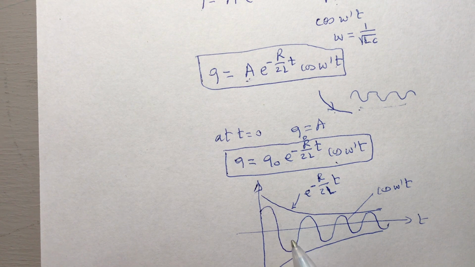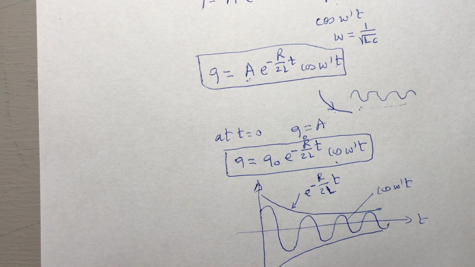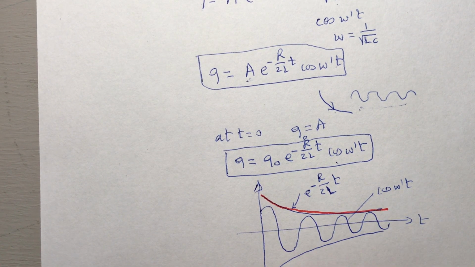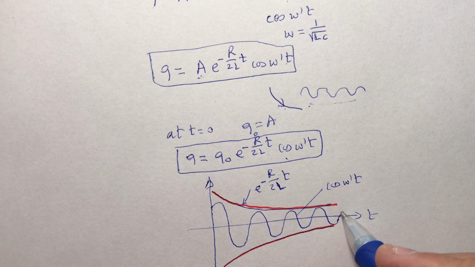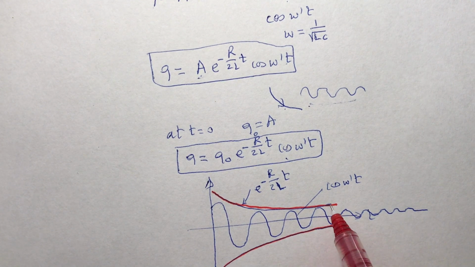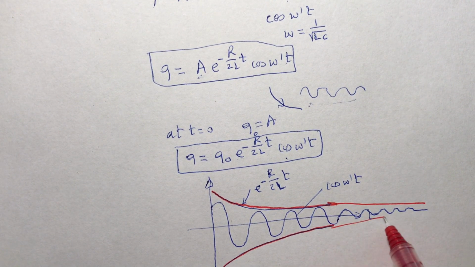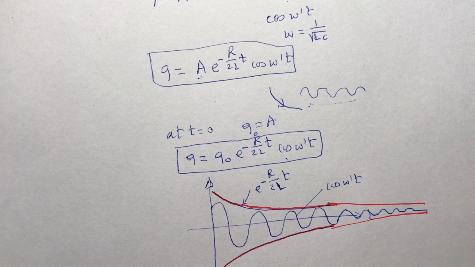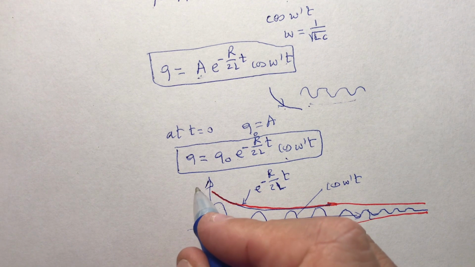So this one is trying to oscillate, but this exponential decay tries to suppress it. So the thing will keep on oscillating and getting weaker and weaker until it vanishes. So we'll have some situation like that, and I put here Q.